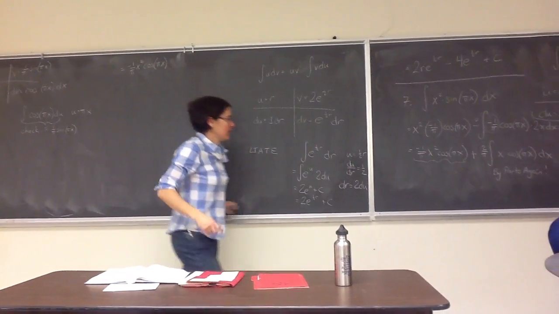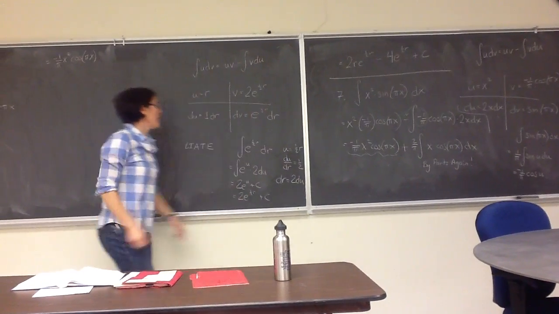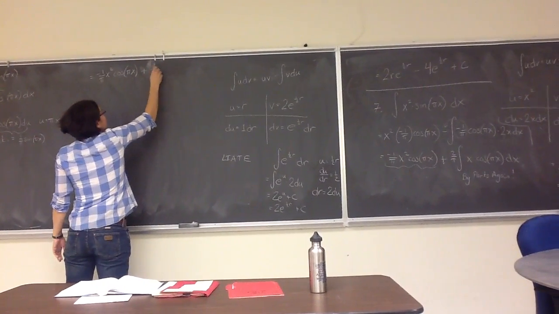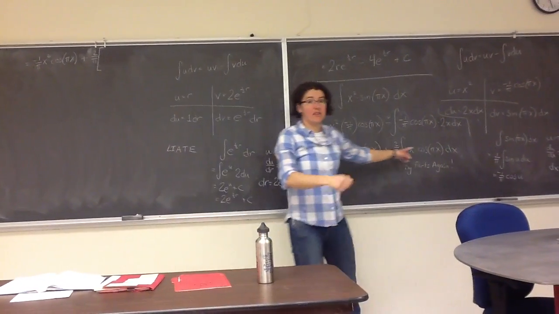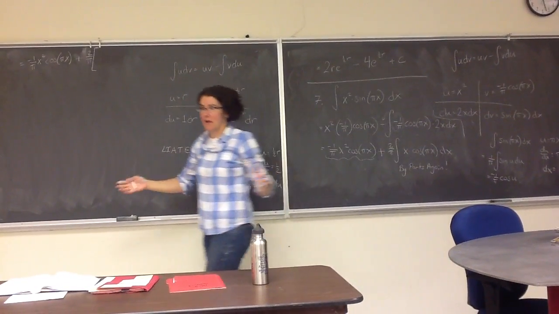I do not want a minus there. Plus 2 over pi. And the 2 over pi is times this entire integral, which means it's times whatever else I write down.